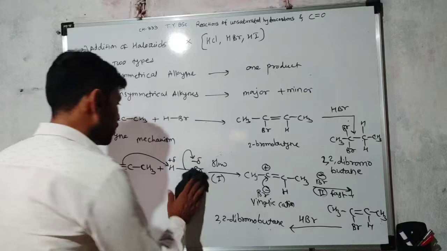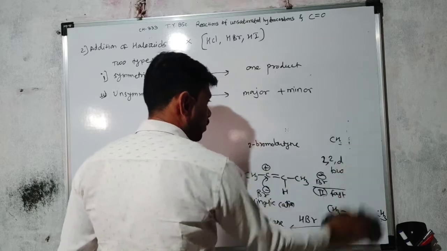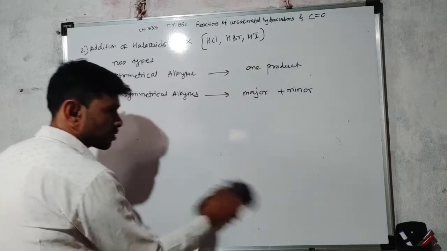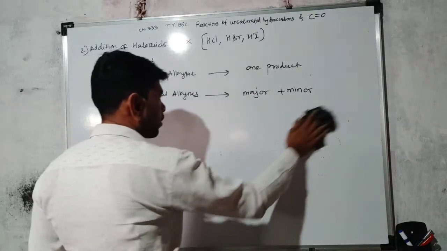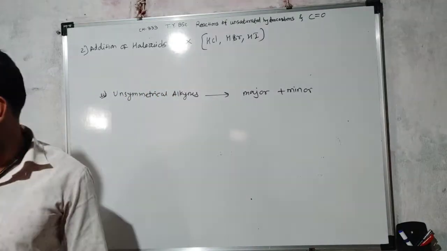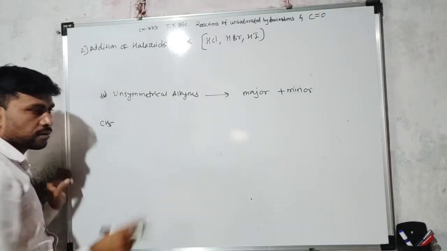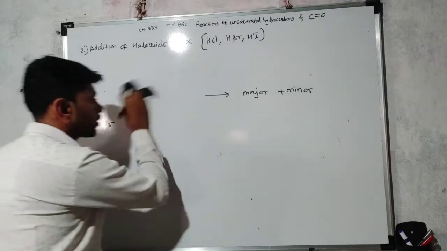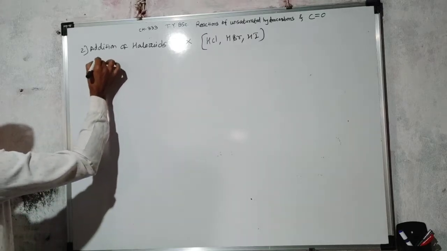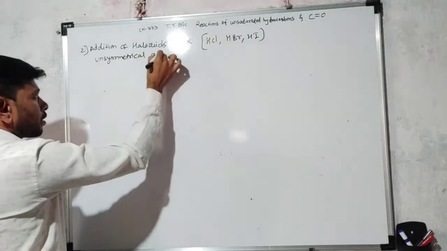Okay, if instead we take an unsymmetrical alkyne, then what is the actual procedure? Here we obtain two products, one major and one minor. How does this happen? Let's see in the mechanism. See the addition of HBr to an unsymmetrical alkyne.